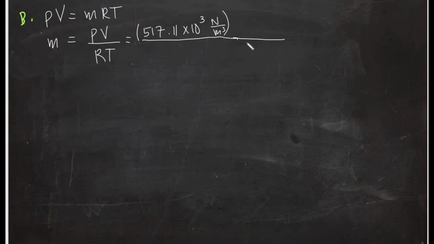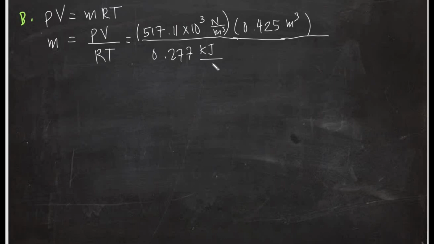Volume is equal to 0.425 cubic meters. And then R is already given, 0.277 kilojoule per kilogram Kelvin.